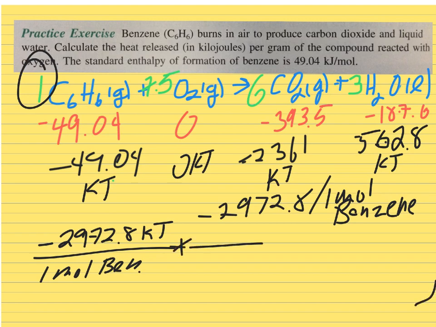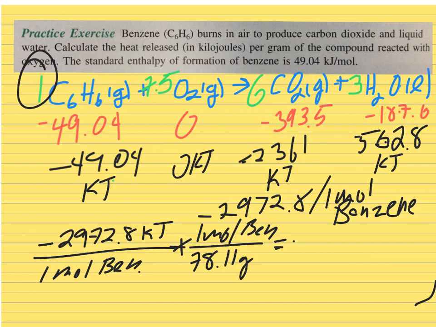And I know if I'm looking at a per gram basis, I know that 1 mole of benzene is 78.11 grams. I'm going to multiply across and then divide. So I'm going to divide that 2972.8 number by my 78.11 number.